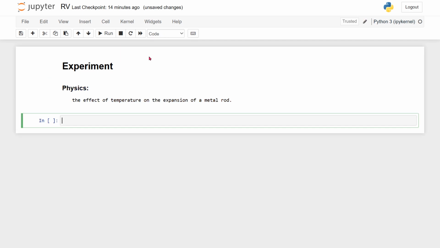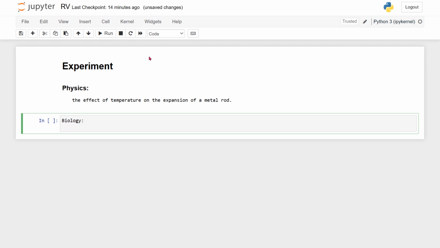Next, let's take an experiment from biology. A biology experiment investigates the effect of a new drug on the growth of cancer cells.